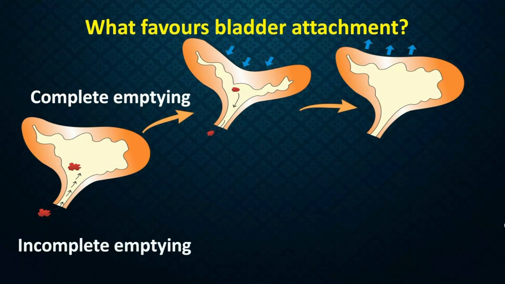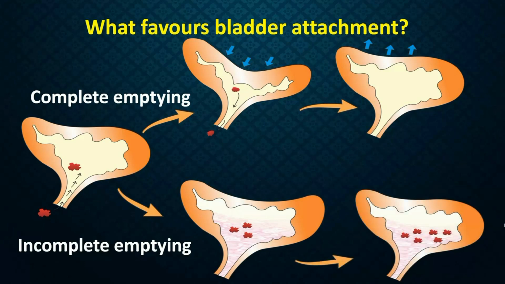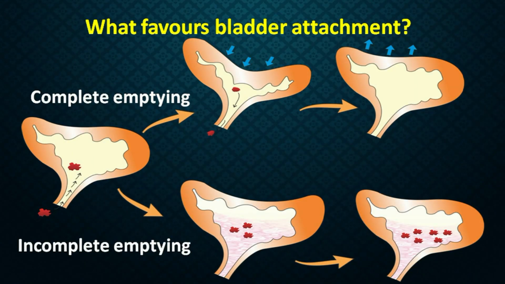Also, you should understand that there is something called incomplete bladder emptying. If you have incomplete emptying of the urinary bladder and the bacteria has gone inside the bladder, and there's a certain amount of urine present inside, the bacteria enjoys that urine like a hot swimming pool, right? So bacteria goes inside that urine and then multiplies at its own sweet will.